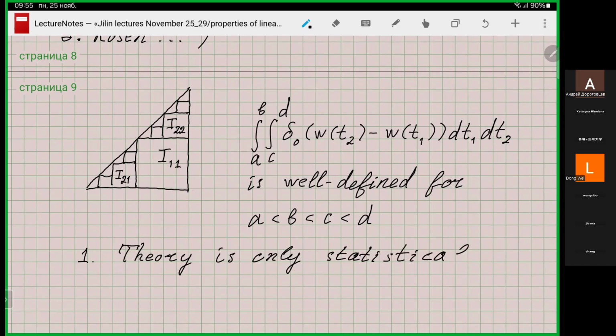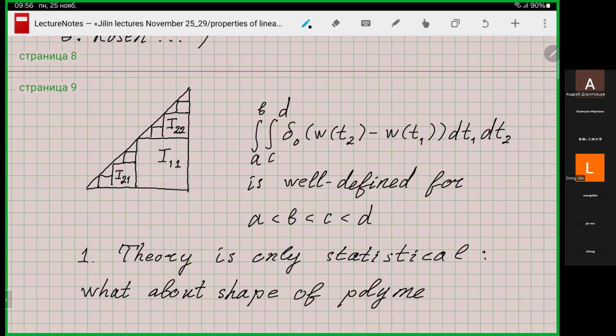I mean, what about the shape of the polymer? Yes, we see that maybe we can estimate the radius of gyration. It can be done. Tomorrow we will discuss some results related to large deviations for it. But we do not have any idea about the topological type of the obtained knot.